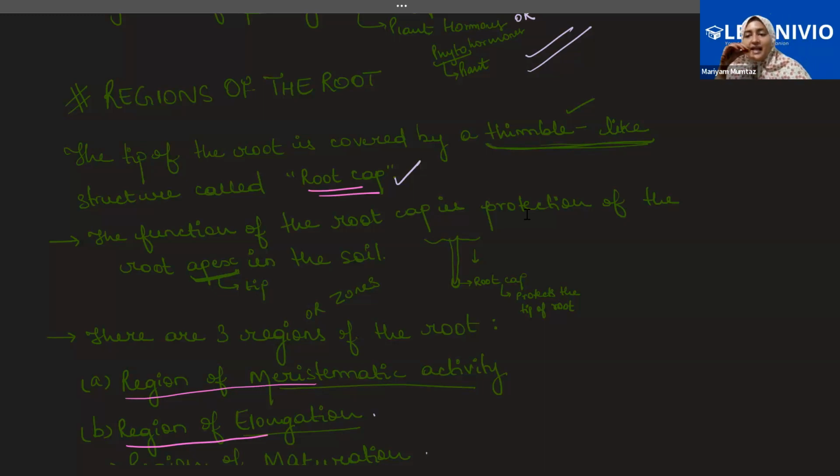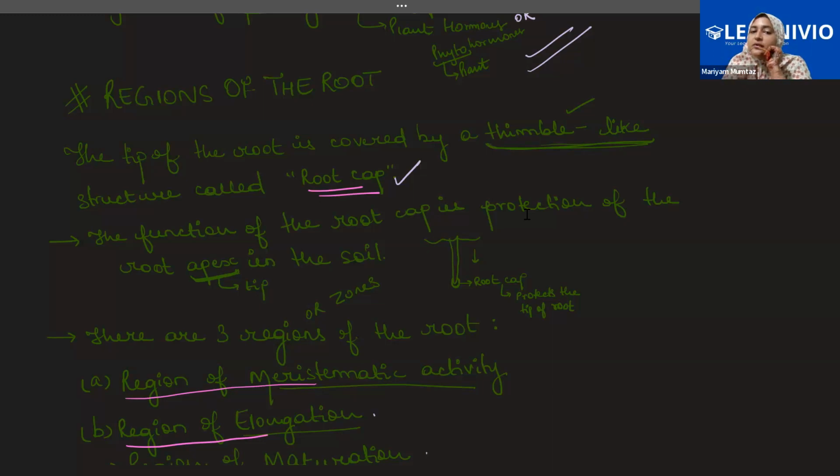So the root may get damaged while doing so because soil is harsh, right? It is harsh and coarse. If you take it and feel it, right? So the plant root has to be protected so that it does not face any damage while growing.